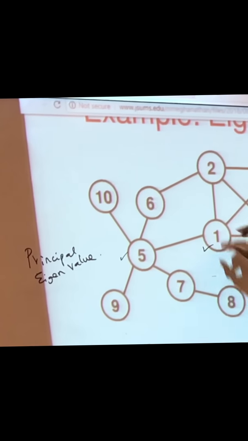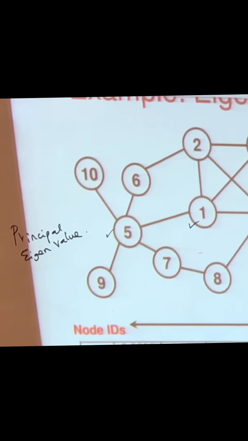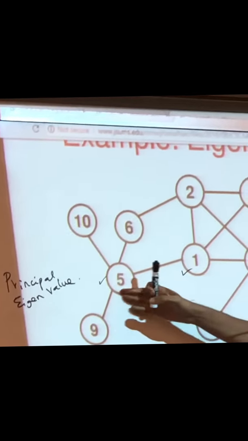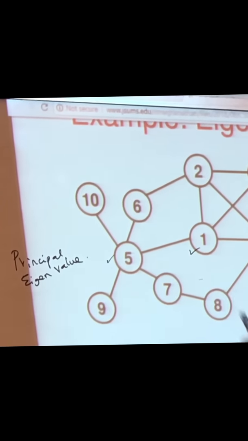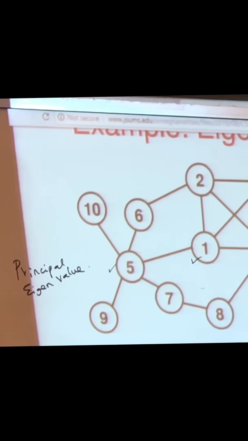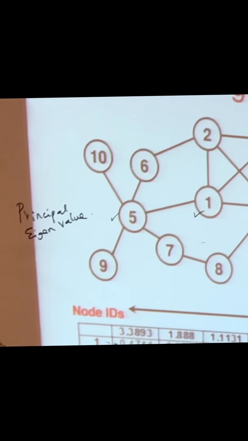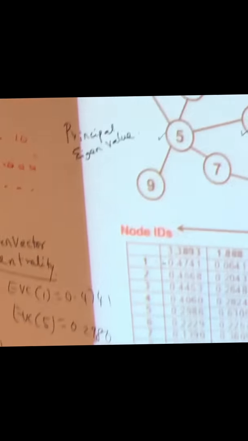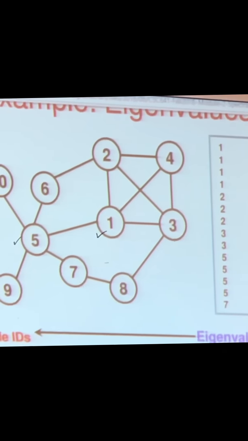So not only does 1 have a reasonably large degree of 4, all its 4 neighbors, of course 5 also, have a larger degree, right? So I am having more neighbors and my neighbors are also having more neighbors. So it's a measure of the density of the neighborhood. My neighbors as well as myself.